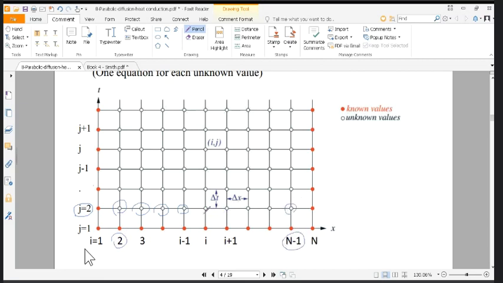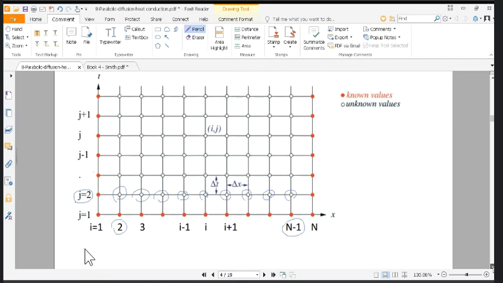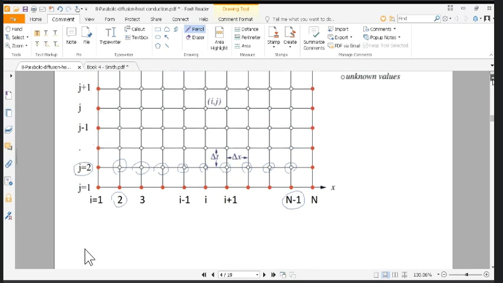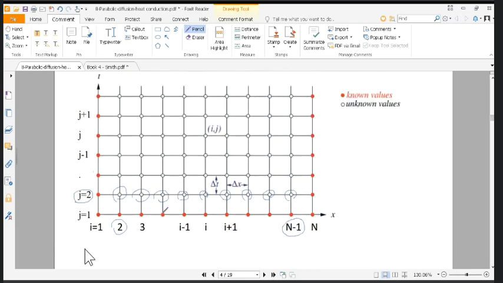For all of the interior points, only for j equal 2, not for the next time level, we write the implicit formula, and finally we have a system of equations. In this figure, you can see the red points are the known values. They are initial values and boundary values. The red points are known, and the white points are unknown values.